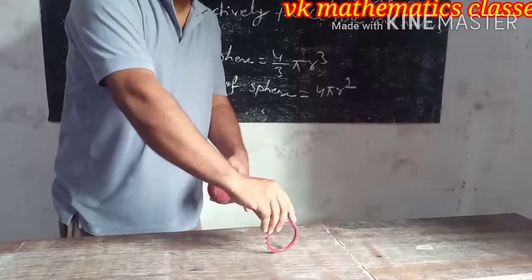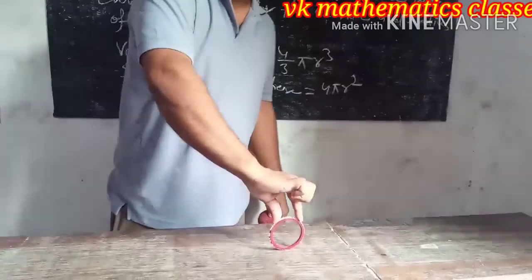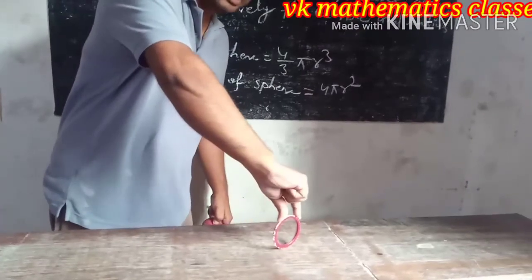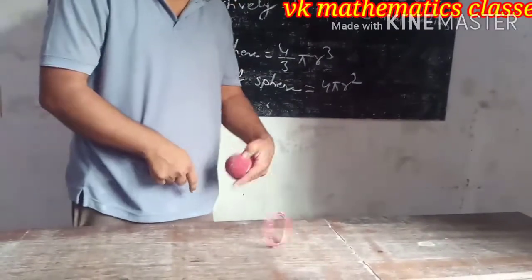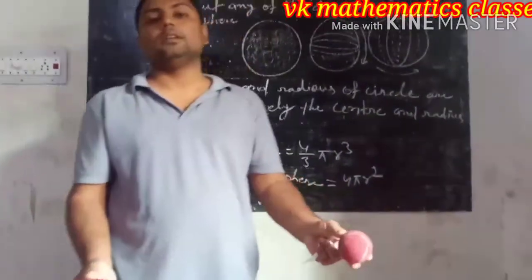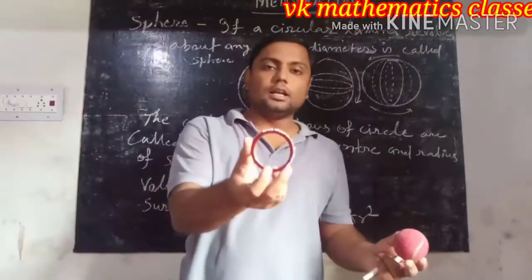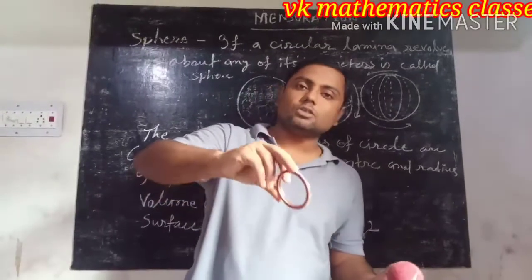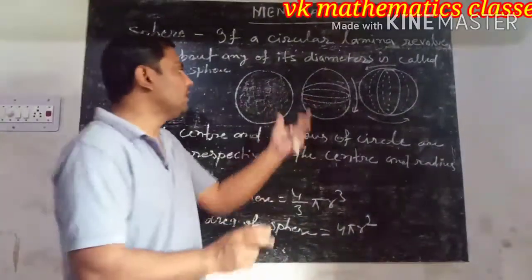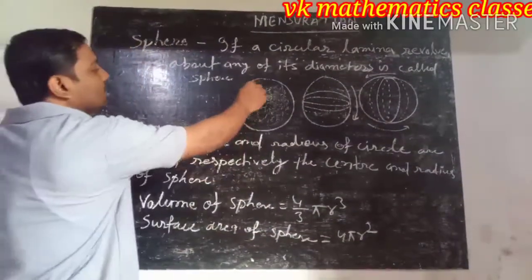Again, here this is the circle. If we rotate the circle about its diameter, this shape, the sphere, is formed. This means any circle rotated about its diameter. Here you see in this figure, this is the circle.